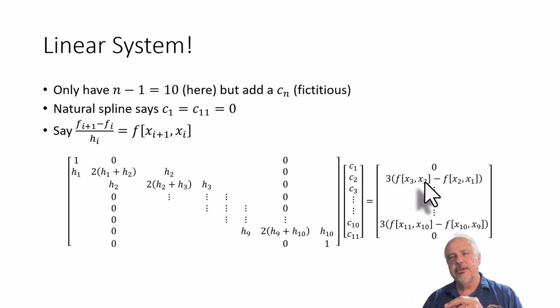So that's the 3, 2 in this case, and then we have the bracket of 2 of F2, 1.